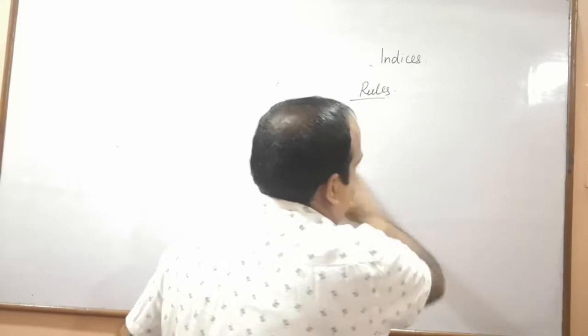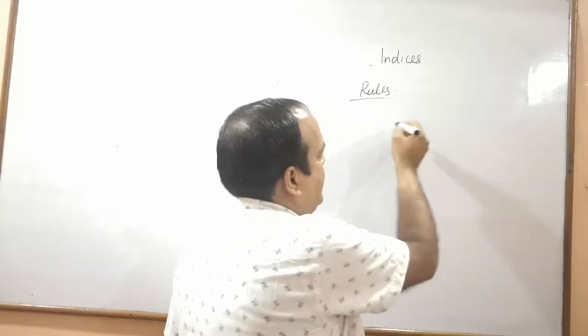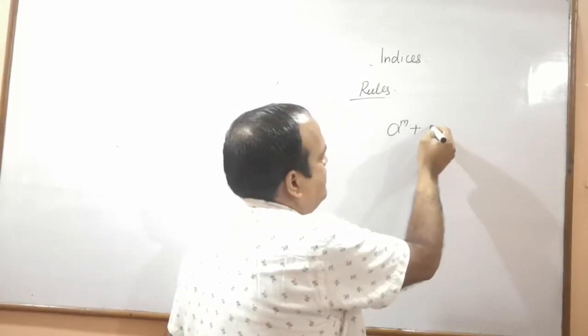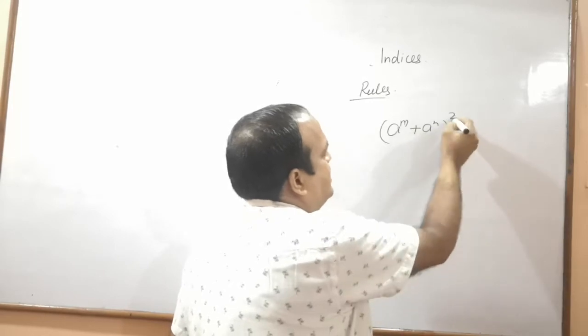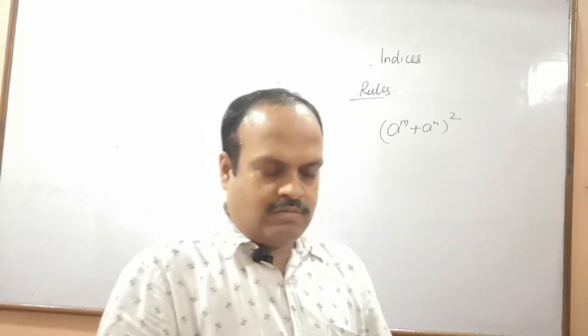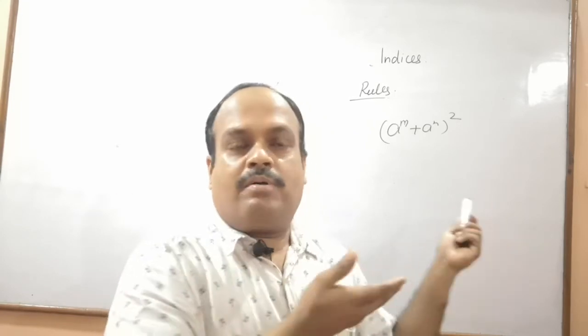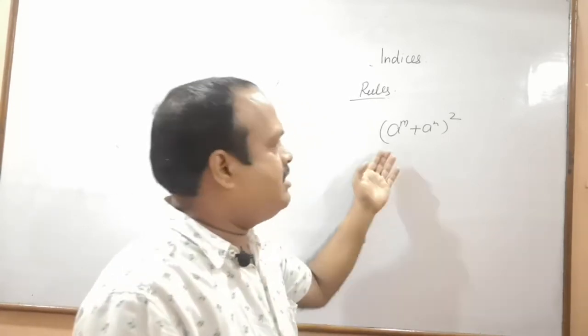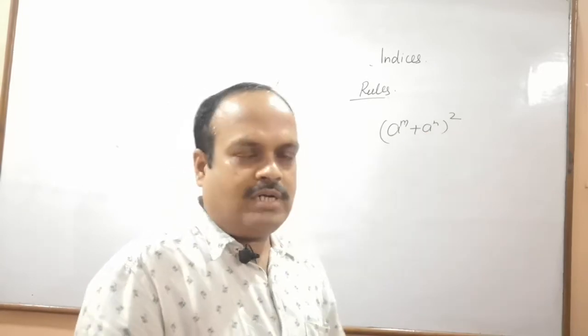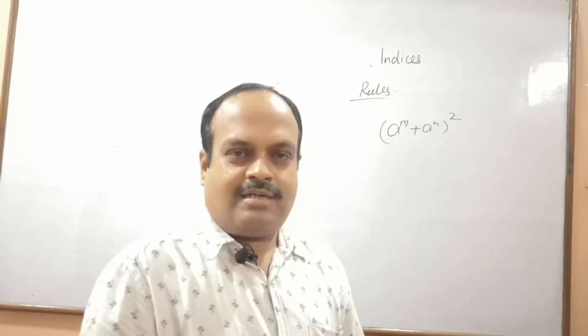Another one: if I write an exponential number and that exponential number is raised to the power 2, you apply the power law and write the result as a to the power 2m plus a to the power 2n, which will be a wrong answer.